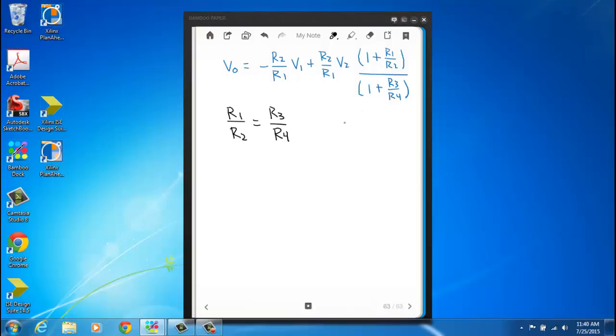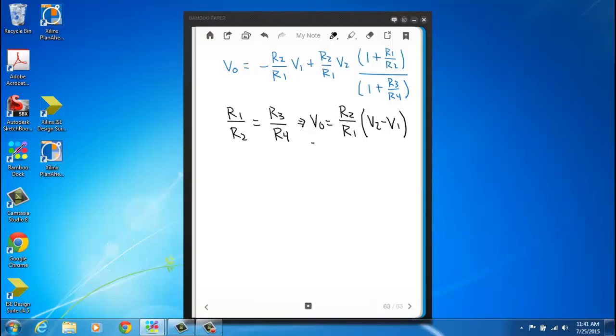It's going to equal 1, and what you're left with, when you make this happen, is that you get Vout equal to feedback resistor R2 over input resistance R1 times the difference of the two input voltages, V2 minus V1.